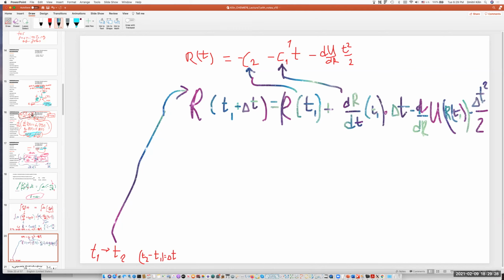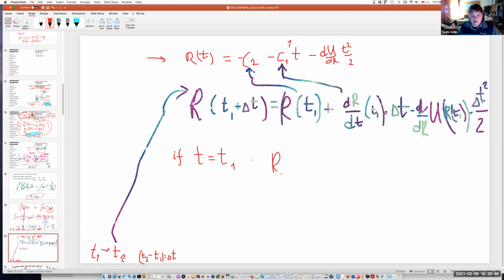Okay, I'm happy to answer. So if t equals t1, we just plug t1 into the first equation.